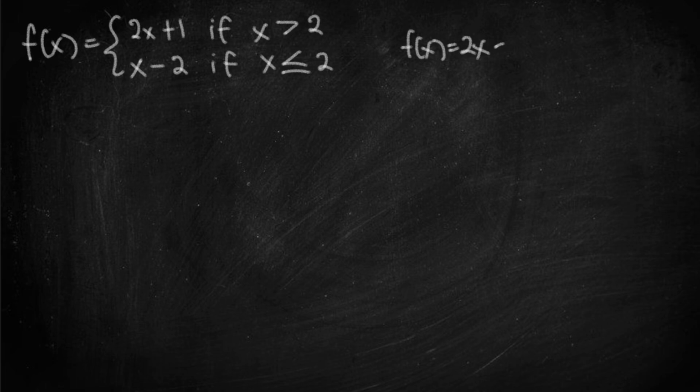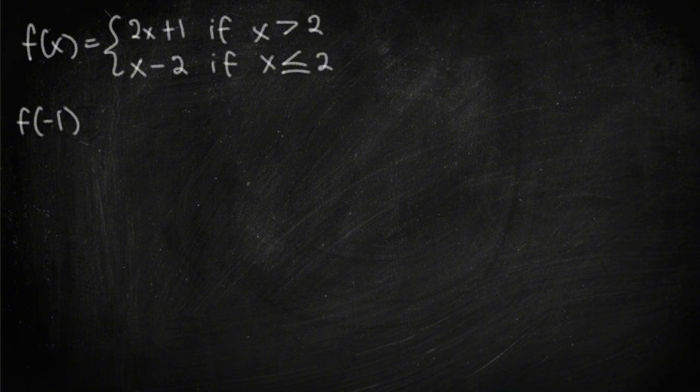Now, we need to evaluate this. For an example, we can evaluate this piecewise function at f of negative 1. At f of negative 1, we first need to look at the value of our variable, which is negative 1.